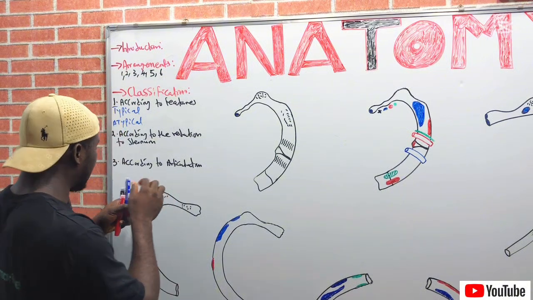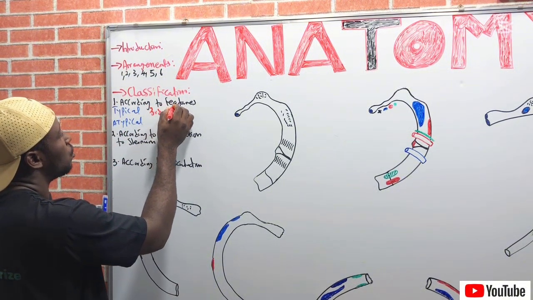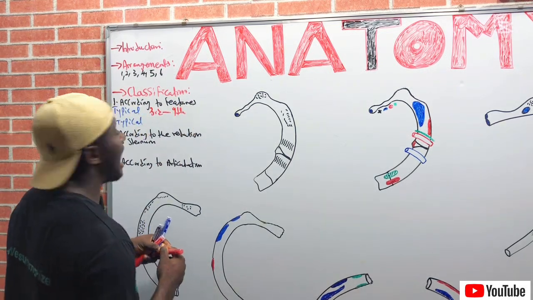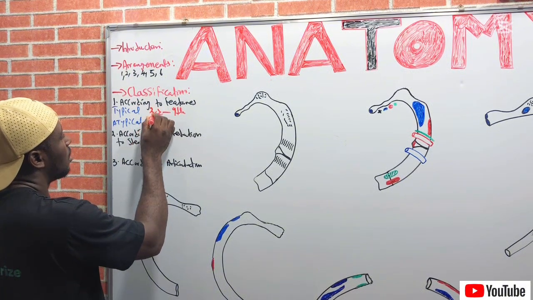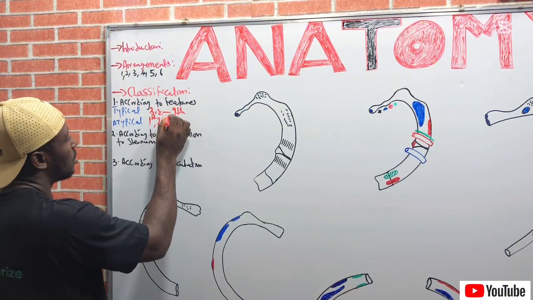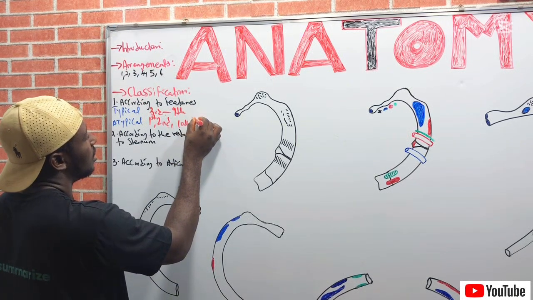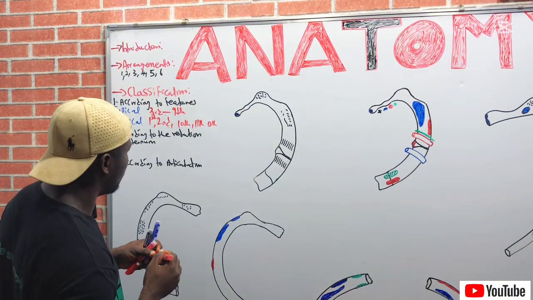The typical rib is from the third to ninth rib, while the atypical rib is the first, second, 10th, 11th, and 12th rib.